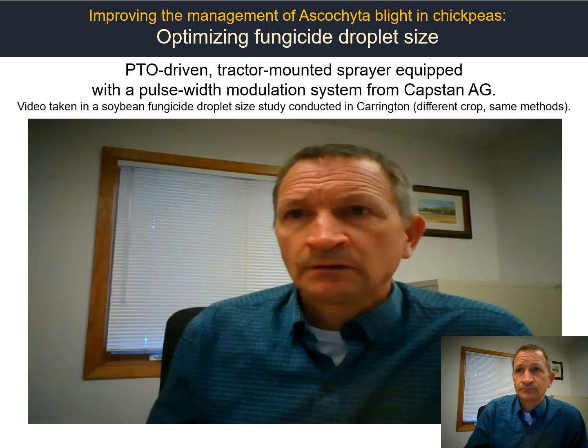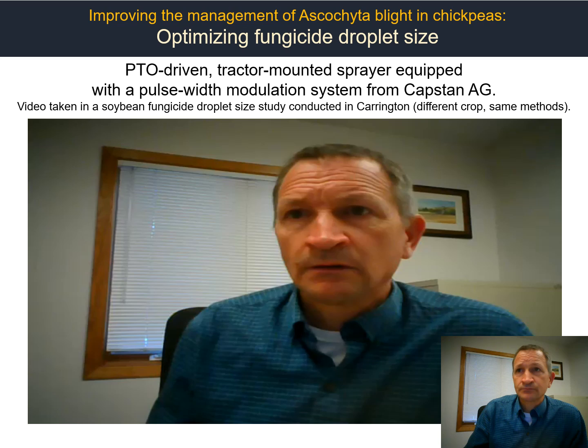And so again, this is comparing that droplet size program versus applying with fine droplets all season. And the canopy height would be the canopy height that the chickpeas are at when they reached 90% closure or more. Okay, so that first application where we had 10% or less of the ground showing between the canopy, that was the canopy height.